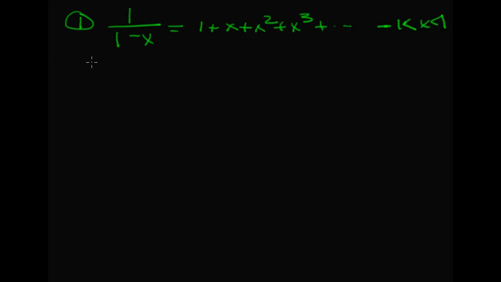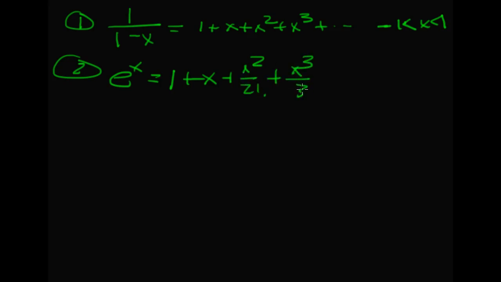It diverges everywhere else. E to the x was the first one that was a little odd, and that was giving me 1 plus x plus x squared over 2 factorial plus x to the third over 3 factorial. So that's all the terms, and they're all positive, and that's good for all reals.